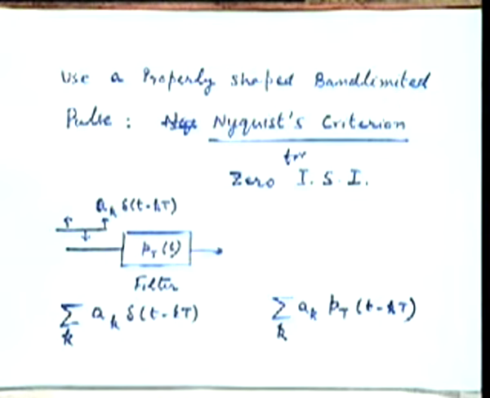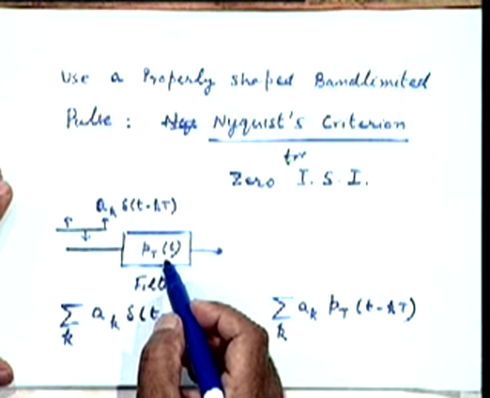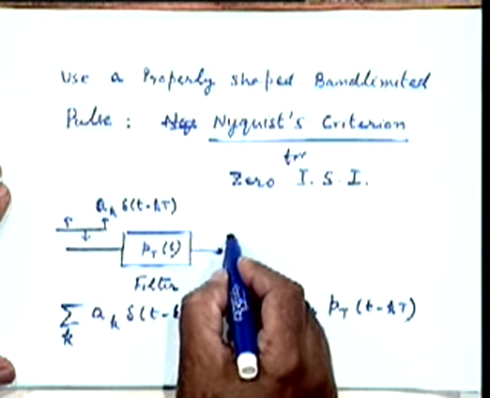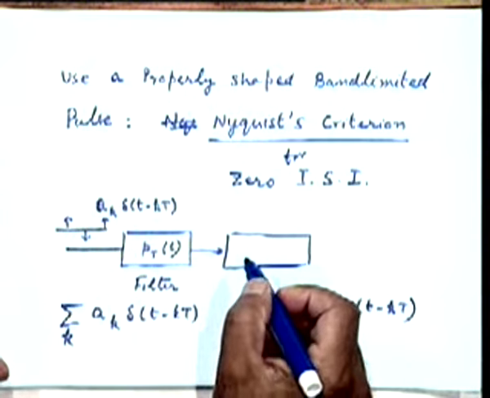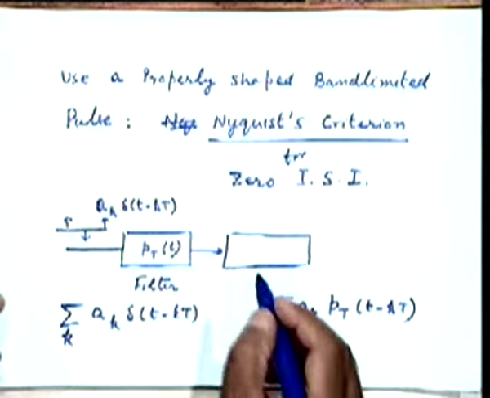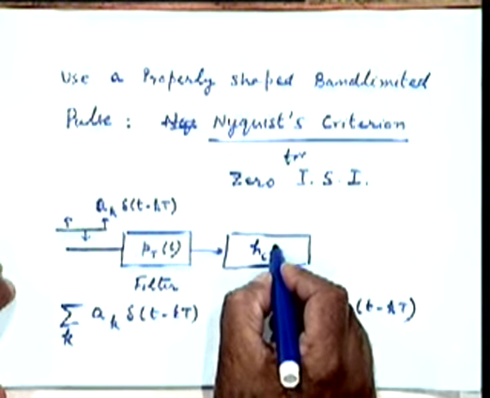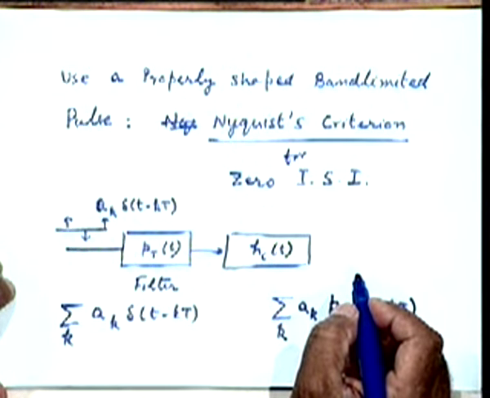This is how you typically can do pulse shaping at a transmitter, by choosing a pulse shaping filter of an appropriate impulse response. Now this is going to go over a channel. I am not going to other blocks of the system, but broadly speaking, just before you transmit, you have done this pulse shaping, and this is going through a channel which has a transfer function C(omega) or an impulse response c(t).